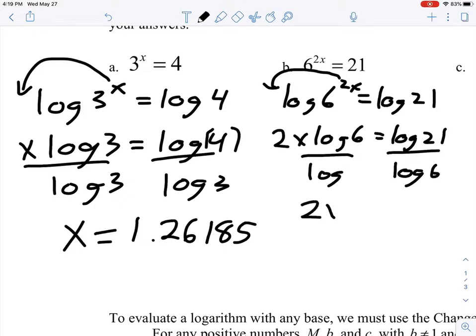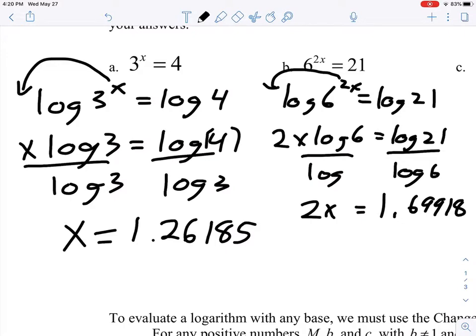So I have 2x equals log of 21 divided by log of 6. Log 21, close parentheses, divided by log of 6, close parentheses, enter. 1.69918, right? I have that saved in my calculator.